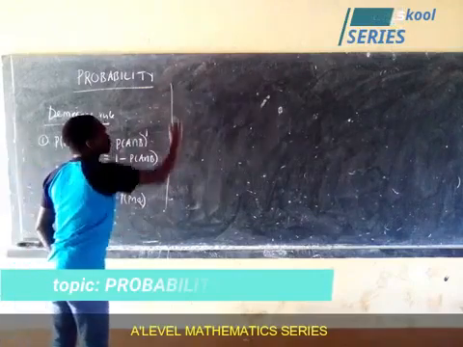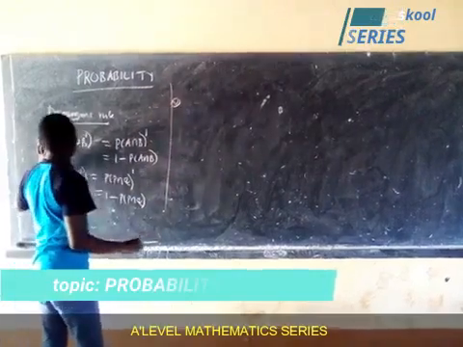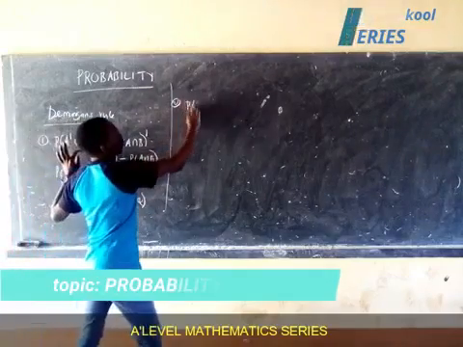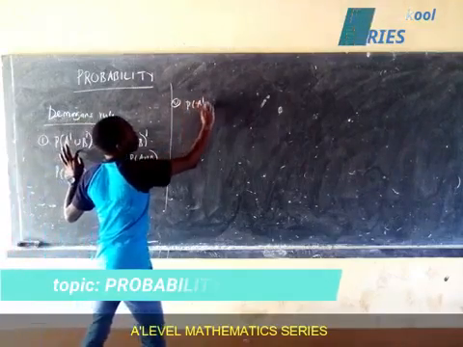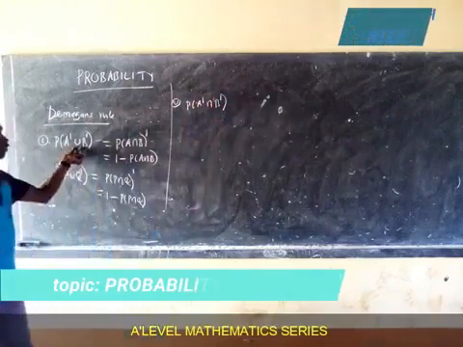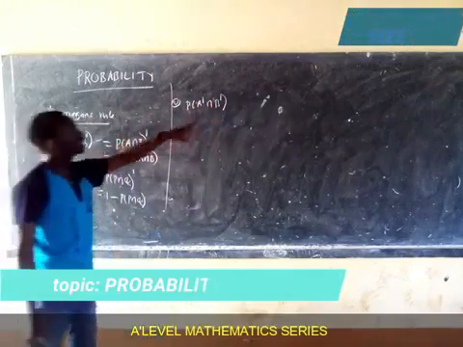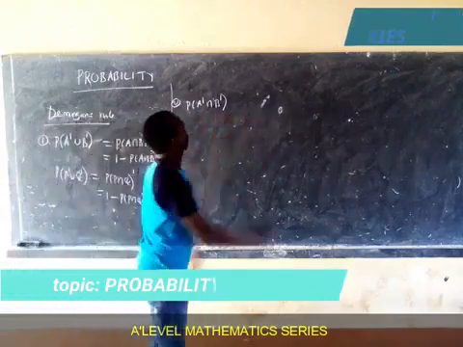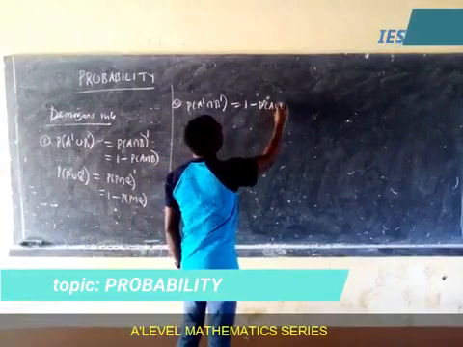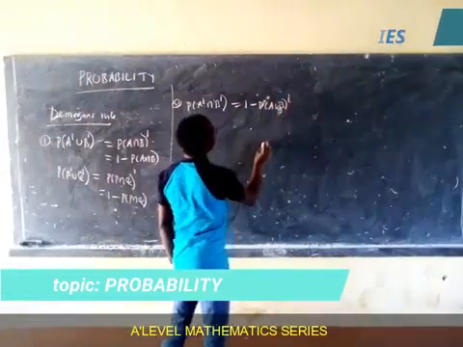And secondly, if I change this symbol and I say probability of A complement intersection B complement, now this was a union to give us intersection, this will give us a union. This will become 1 minus probability of A union B, all of it complement.